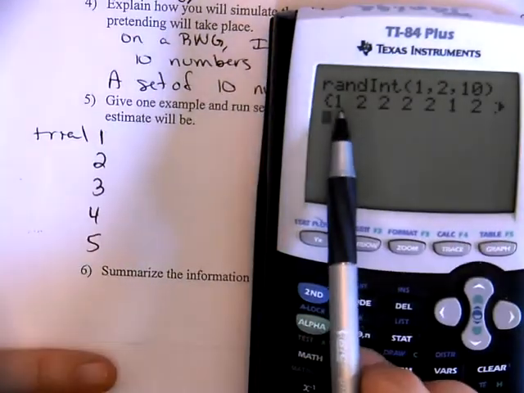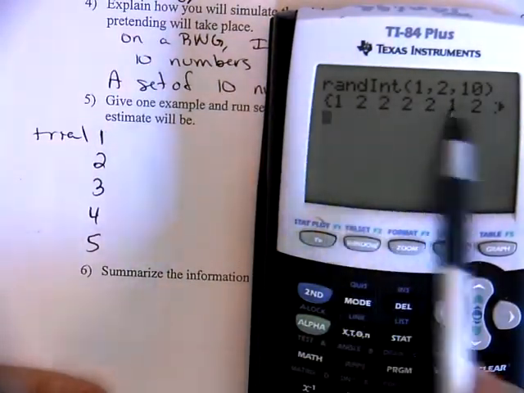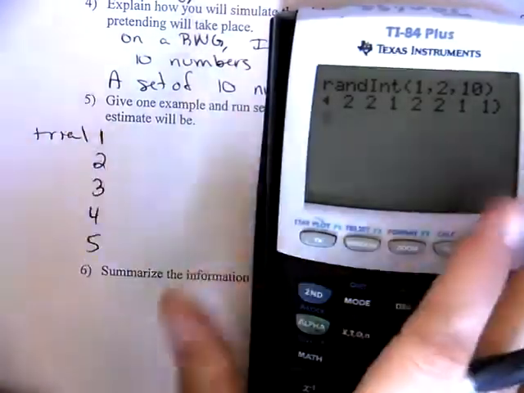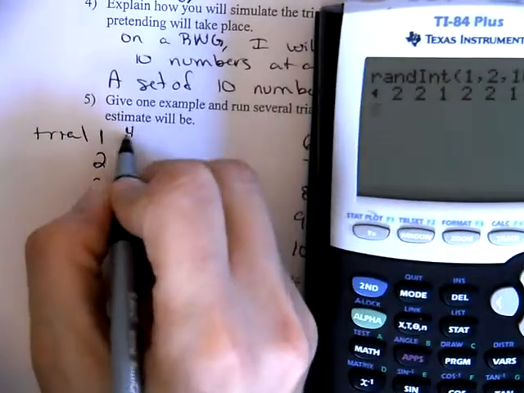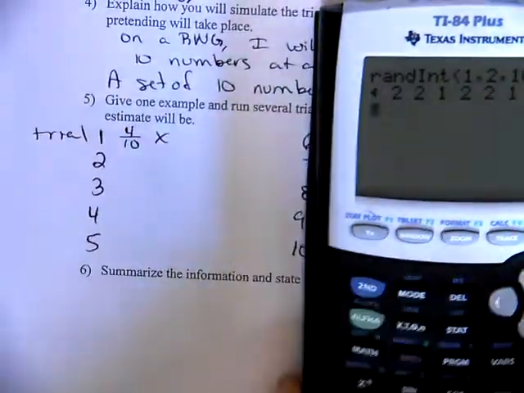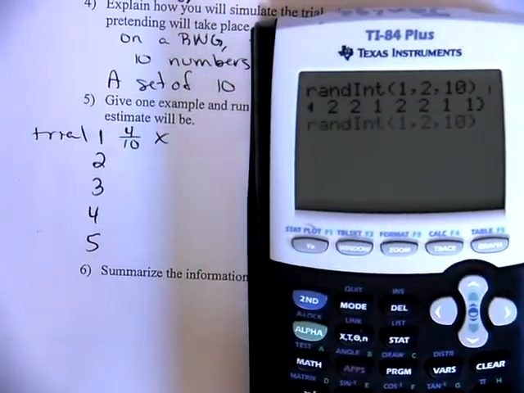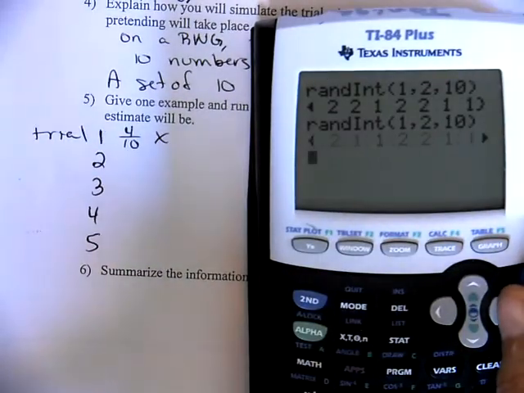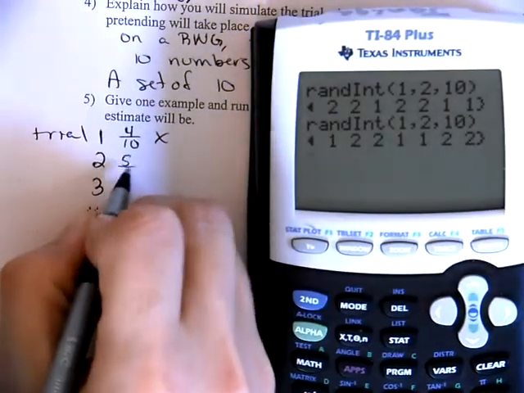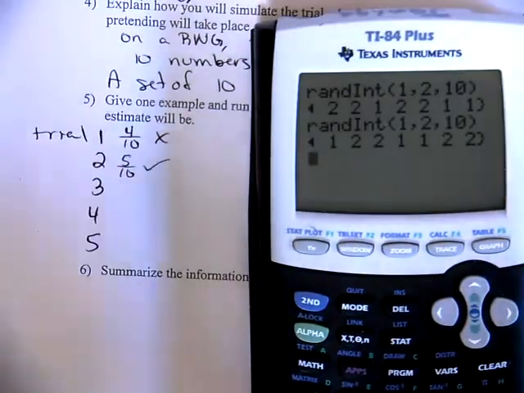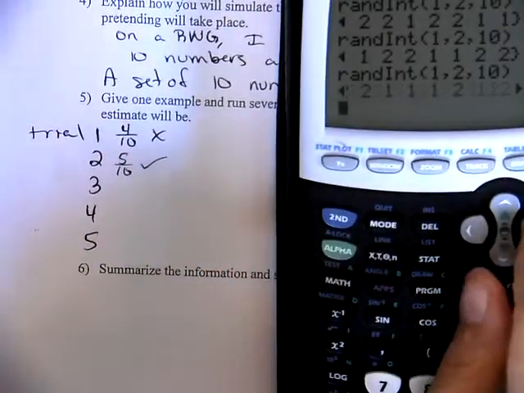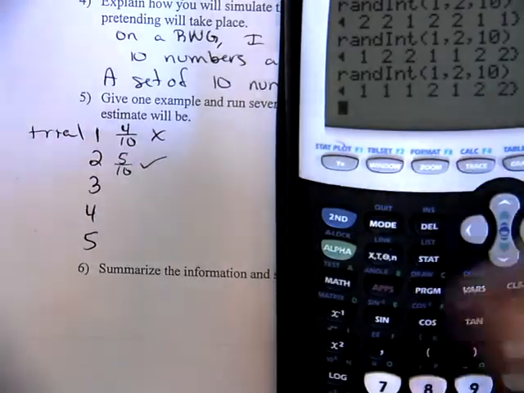So my first trial, I get 1, 2, 3, 4 right. So 4 out of 10, that would be an X, because I had 4 ones. I hit enter. Now I have 1, 2, 3, 4, 5 out of 10. So I'm going to put a check mark, because I got at least 5 right. 1, 2, 3, 4.